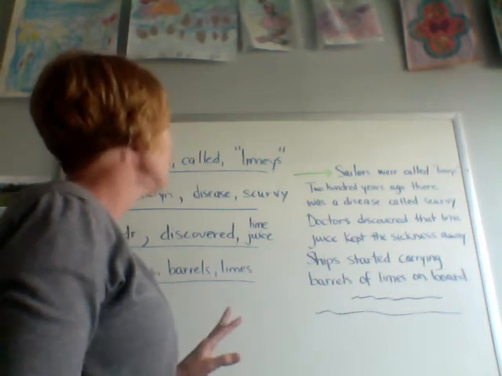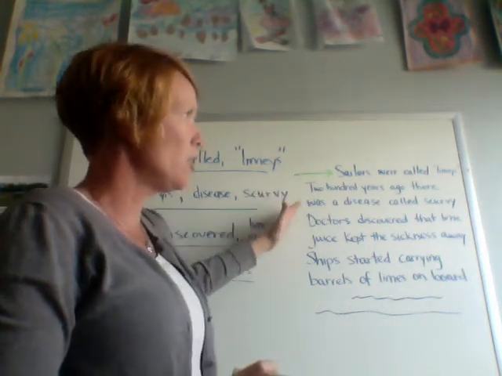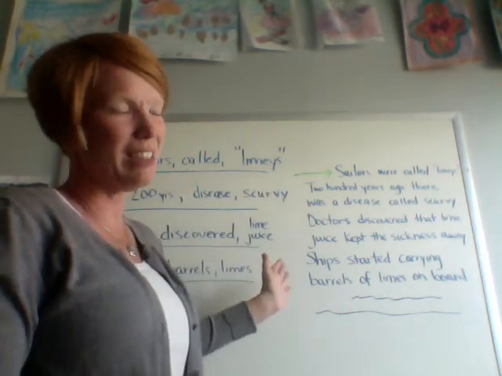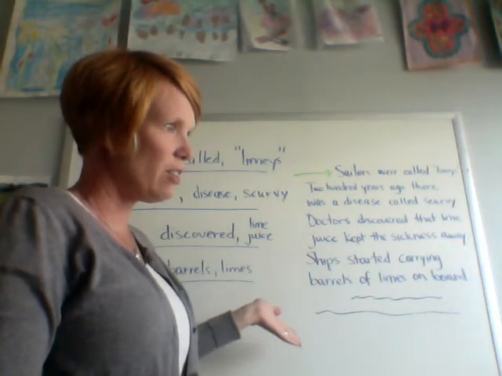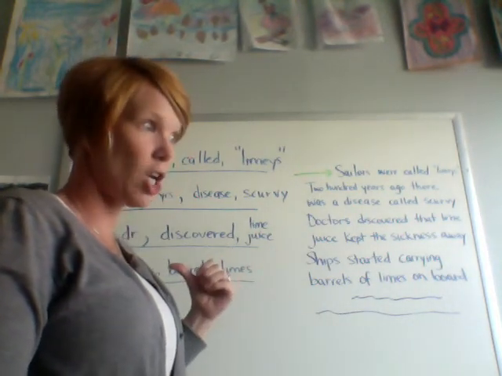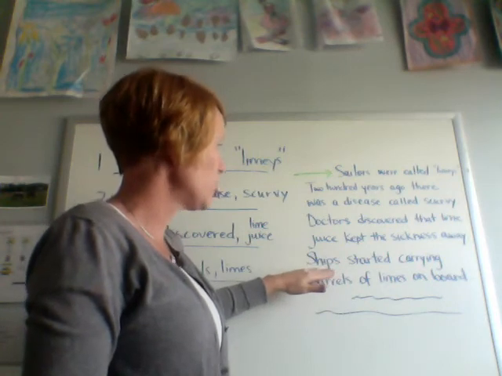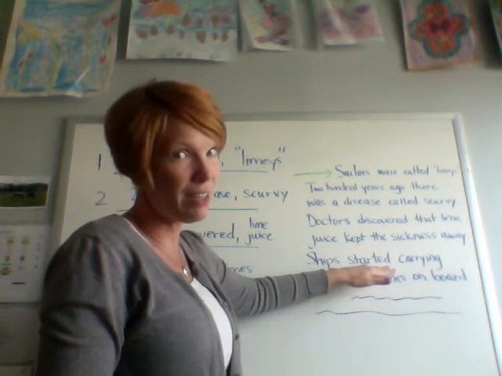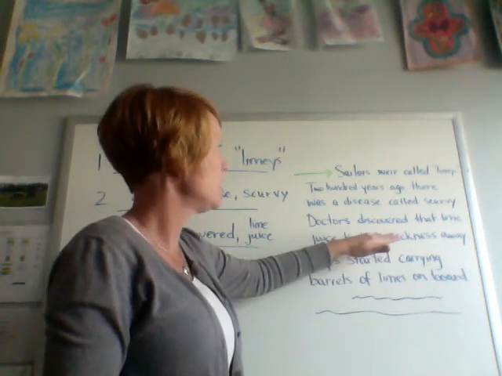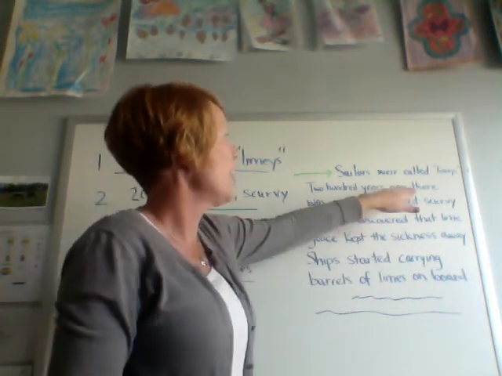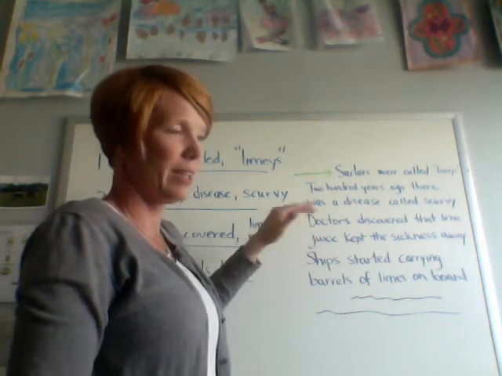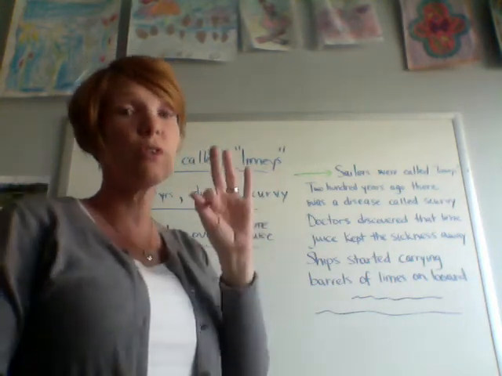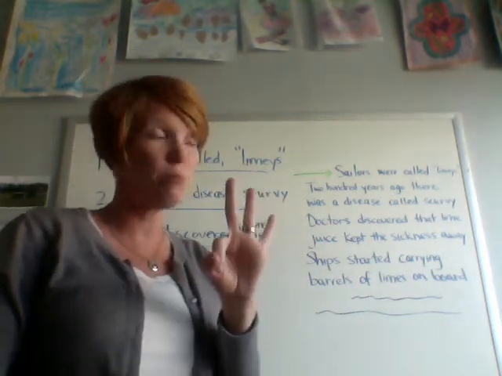Then, when you have your mom around, you can go through and check that there are no fragments, because sometimes that's a little harder to catch. All right, the fragment, remember we just talked about it, is there a subject, ships, and is there a verb, started? Okay, doctors discovered, there was. Okay, so those are 3 easy ways to proofread.